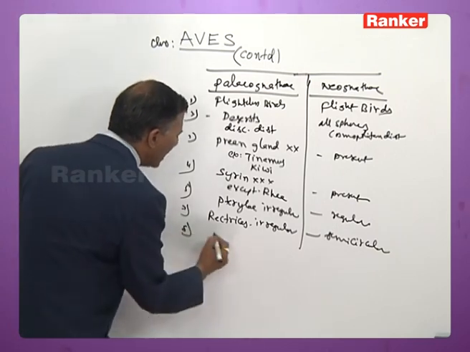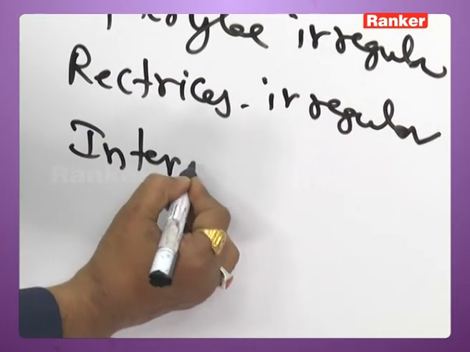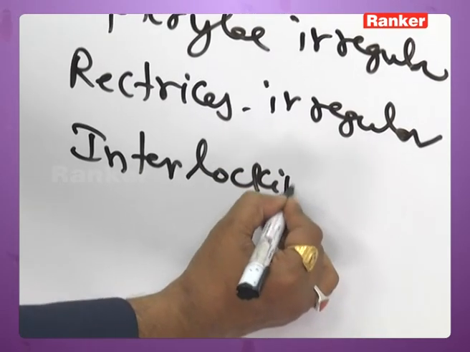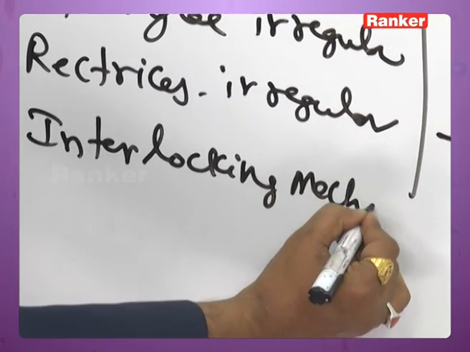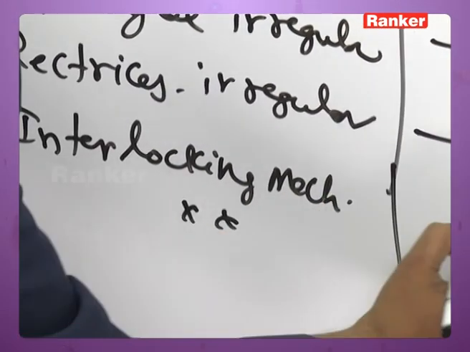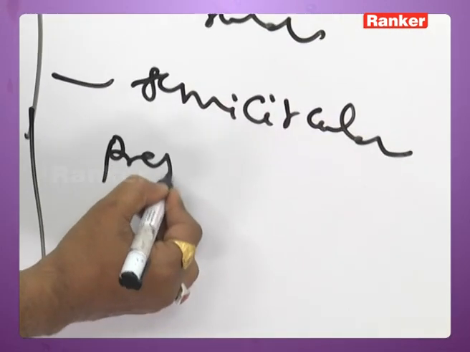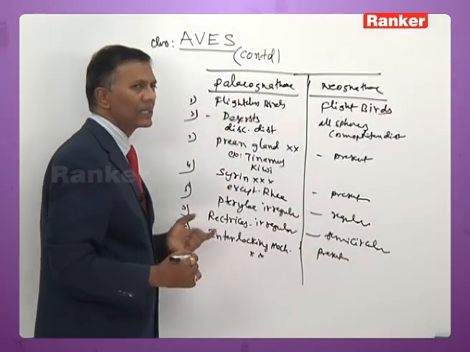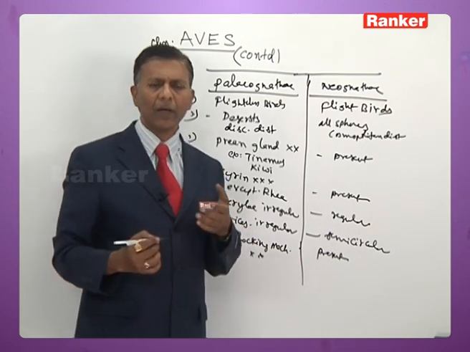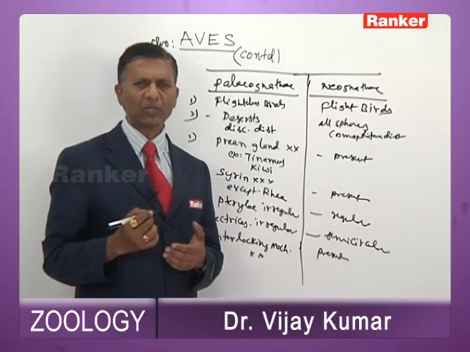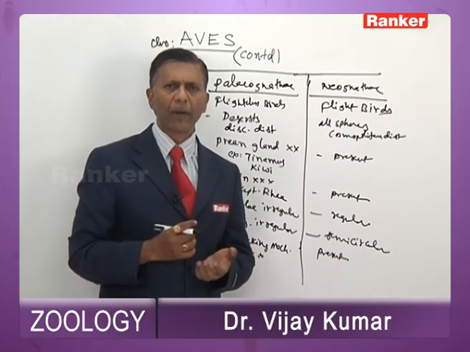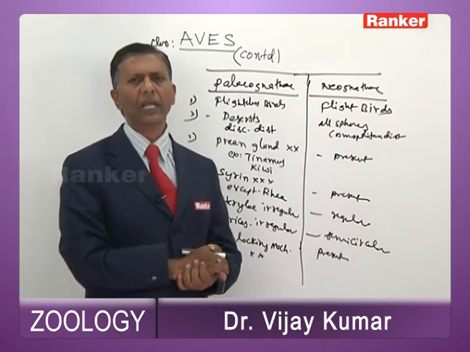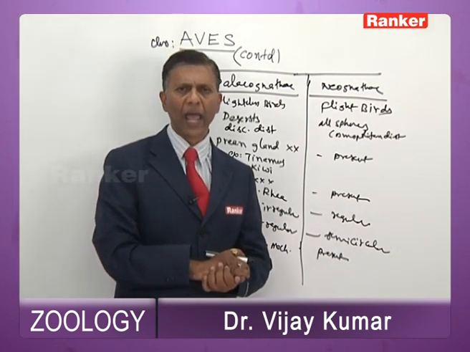Next, the interlocking mechanism is absent in flightless birds. In flight birds it is present due to the presence of barbs and barbules. Proximal barbules are provided with barbicels or hamuli, and distal barbules are provided with a flange.